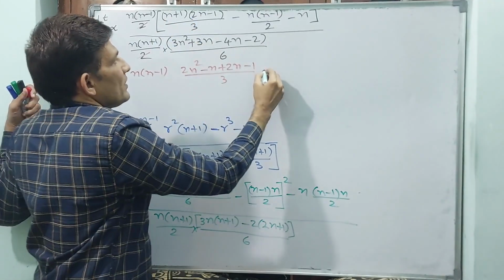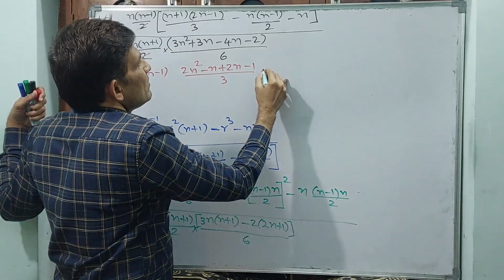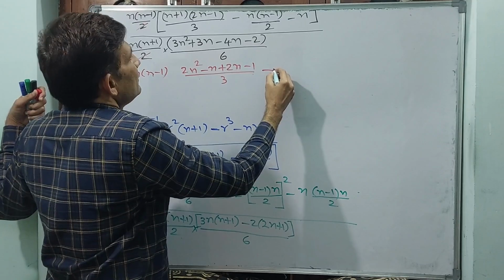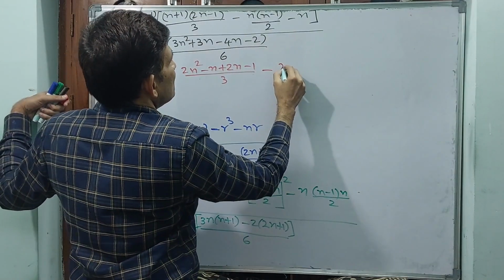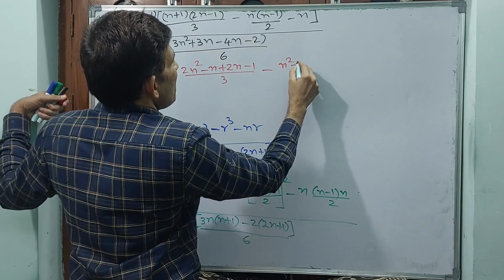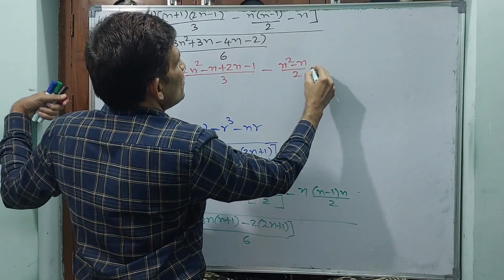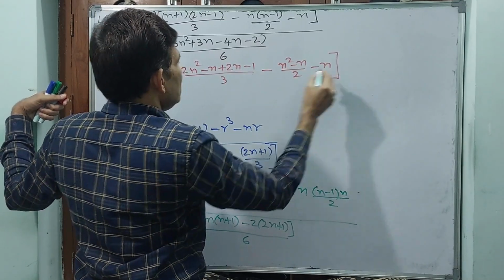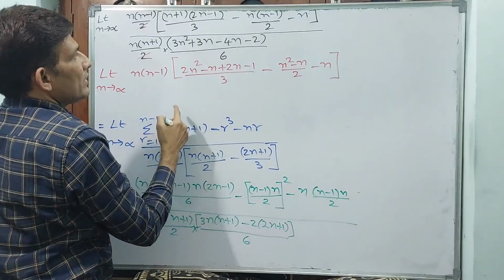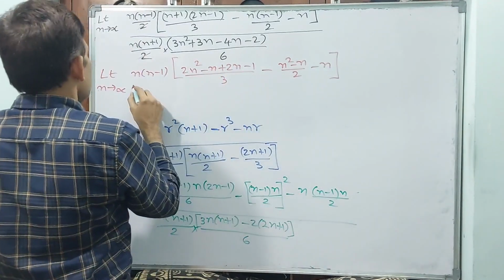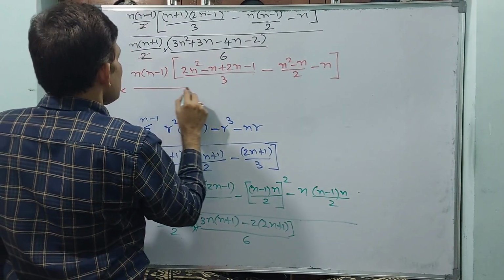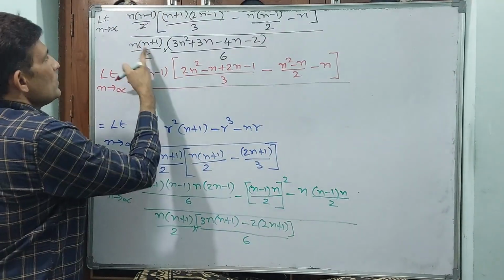Minus n square minus n by 2 minus n. Okay, this is numerator, and the denominator: 2 is not there.